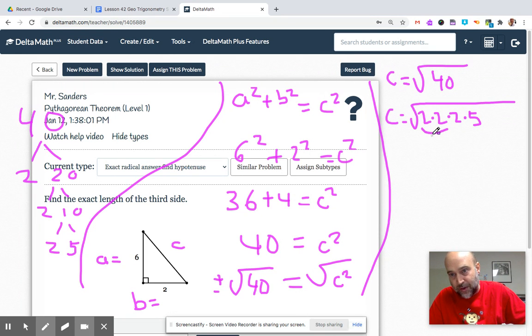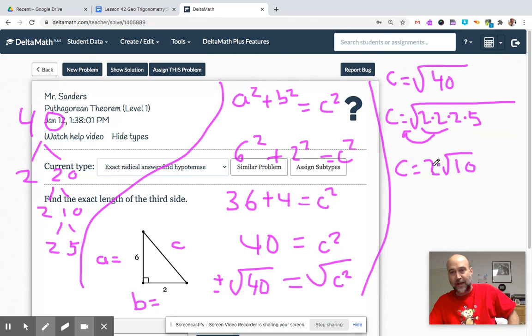So there's a pair of 2's here. It comes out as one number. So c is equal to 2 radical. What's left inside? 2 times 5 is 10. All right, so that's the trick. That's an ugly 2, but it's a 2. The trick is you break it down to the prime factors, and then you pull out any pairs as a single number.